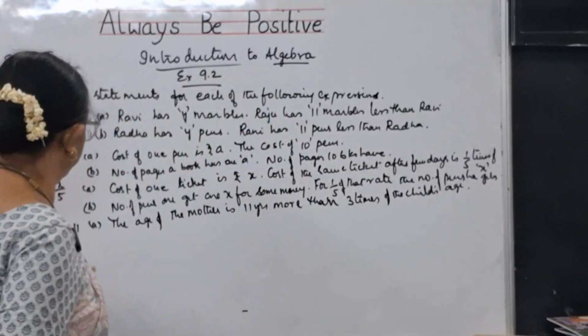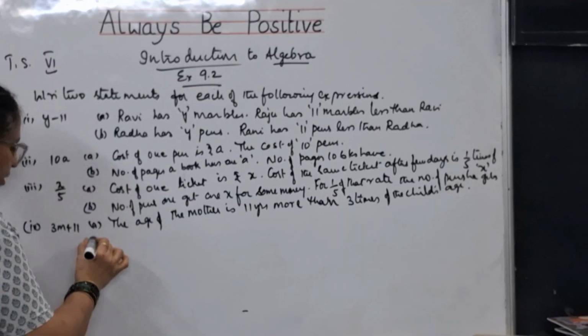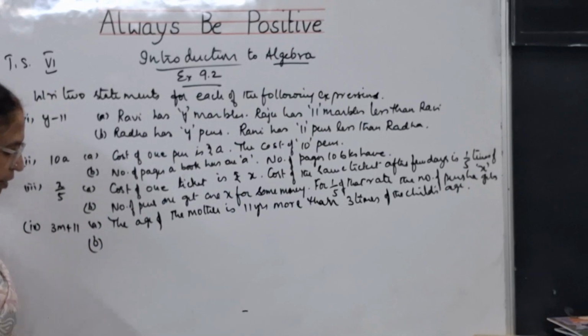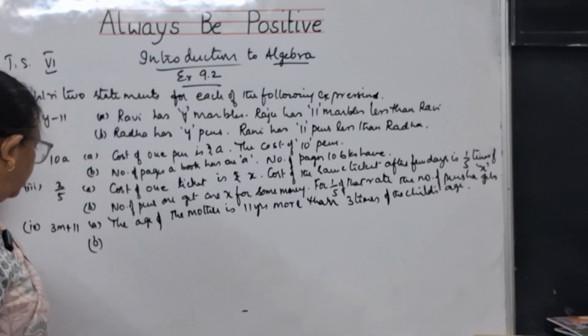That means if the child's age is considered as m years, mother's age is 11 more than 3 times the age of the child.